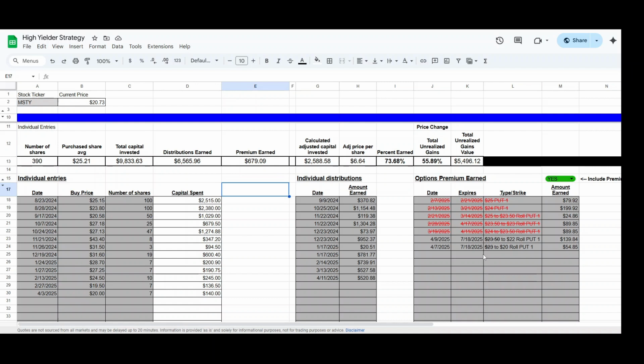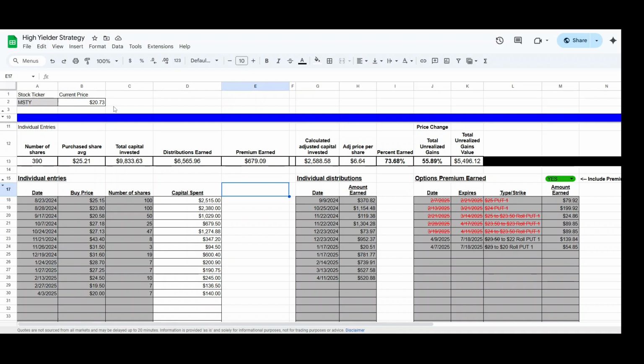Now, if MSTY goes up, then I might take 100 shares here and sell a call and earn some premium on that side. But I would not want to sell that call for under my purchase price of $25.21. So I would sell it for, say, $26 or $27.